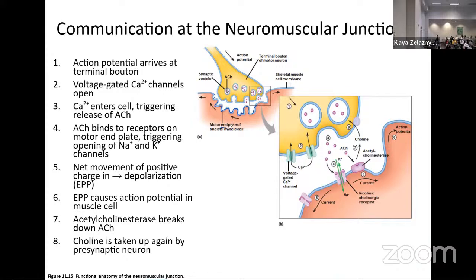So end plate potential from the motor end plate is always depolarization, always excitatory. So this is like our EPSP in the synapse. We don't have to decide if there's an excitatory or inhibitory potential here, it's always excitatory. EPSP always is depolarizing our muscle fiber.